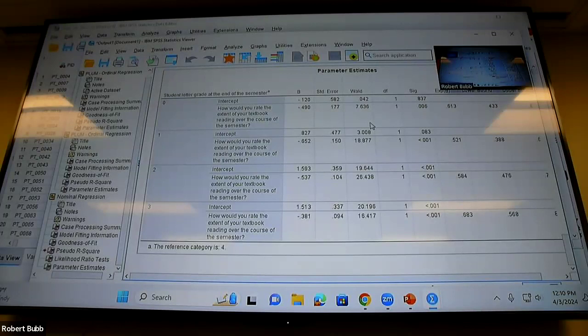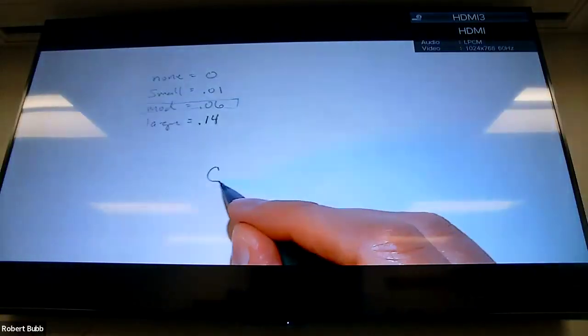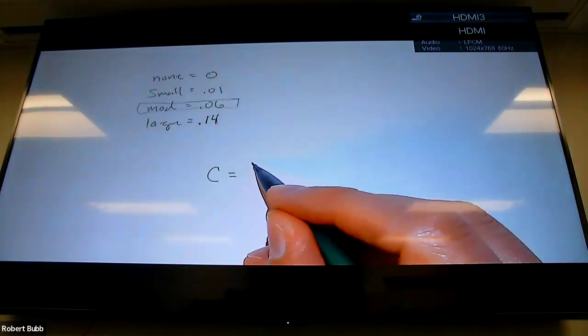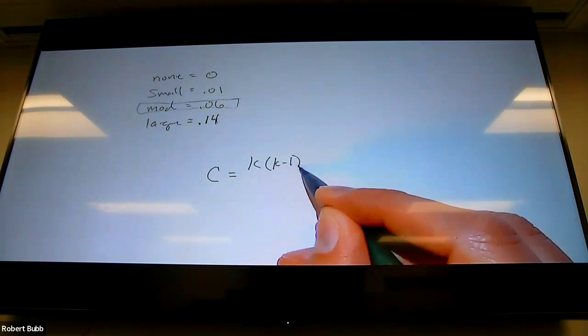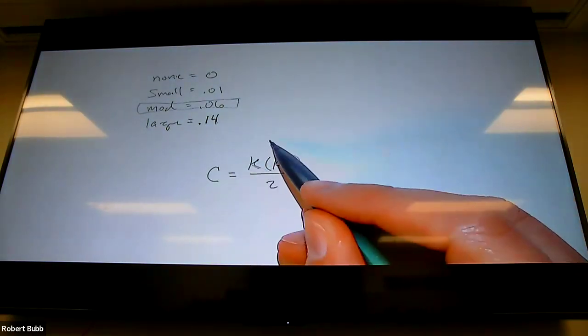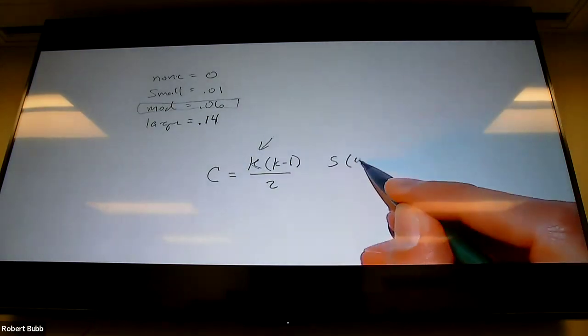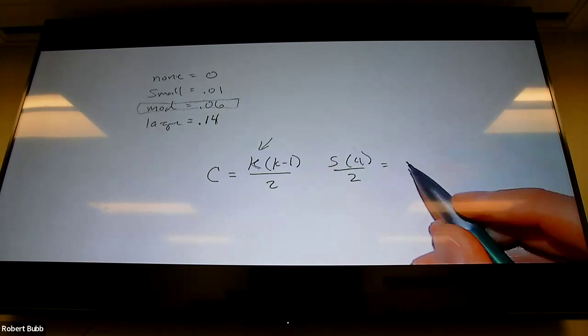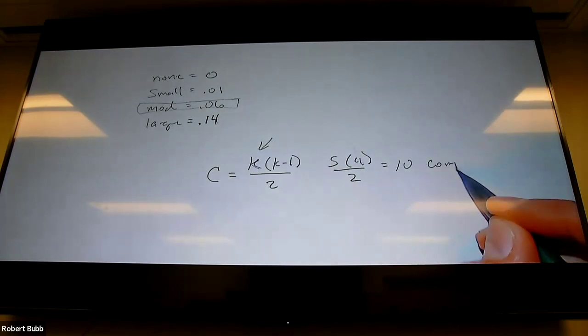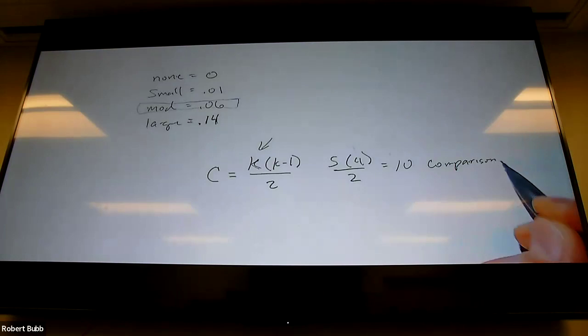If I wanted every possible combination of letter grade compared to each other, we could use our formula. It's been a while since we've used it, since we talked about ANOVA, but we can use our formula for the number of comparisons, which is K times K minus 1 divided by 2, where K is the number of groups. If I have 5 letter grades, it's 5 times 4 divided by 2, which would give me 10 comparisons for all possible combinations of letter grades.